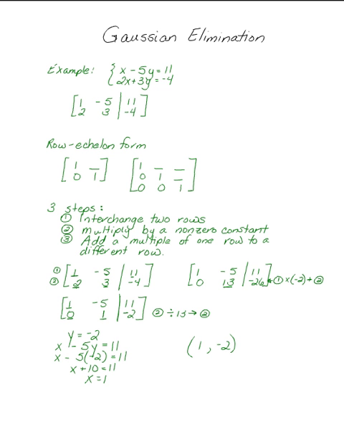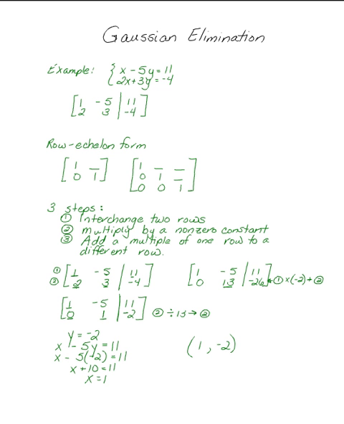Now we actually have one more step to get this matrix in row echelon form, and all we need is a 1 here in the element in column 3, row 3. So all I really want is a 1 right there. The easiest way to do that, again, what I'm going to do is leave those first 2 rows alone. And all we want is a 1 right there.